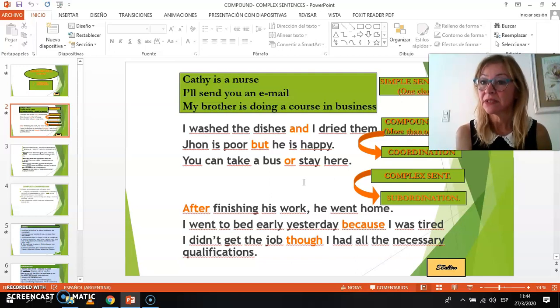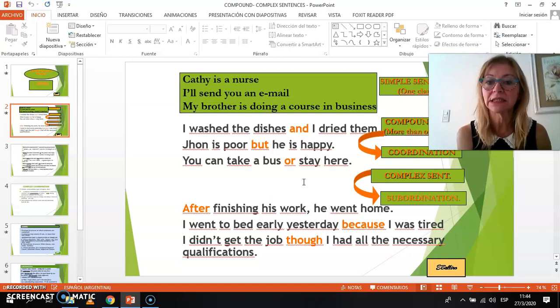Now, there is another type of sentences that we have exemplified below. For example, after finishing his work, he went home. Or I went to bed early yesterday because I was tired. I didn't get the job, though I had all the necessary qualifications. These sentences also contain two clauses, but the relationship between the clauses is a different one.